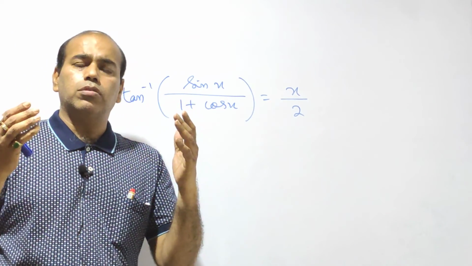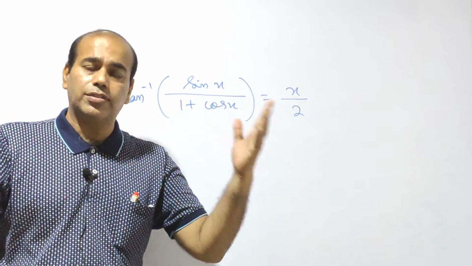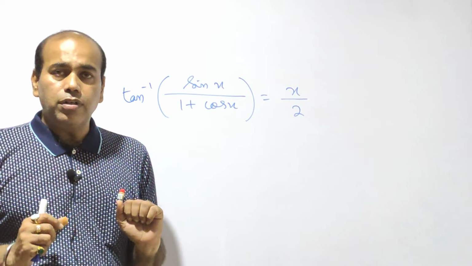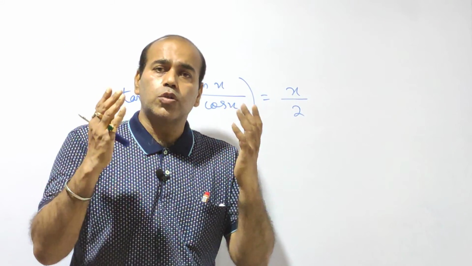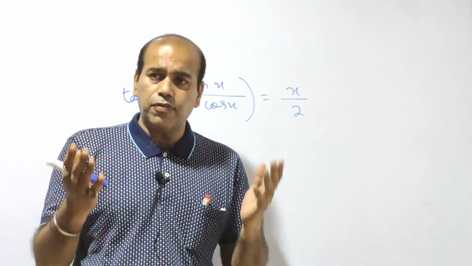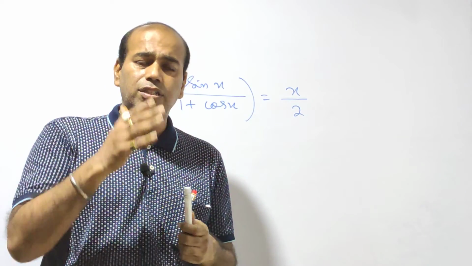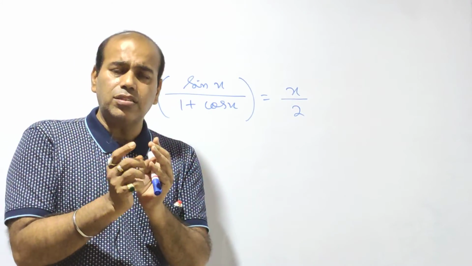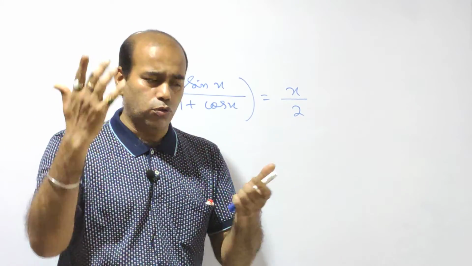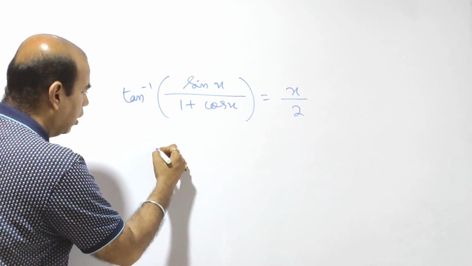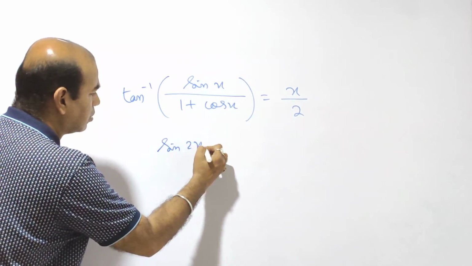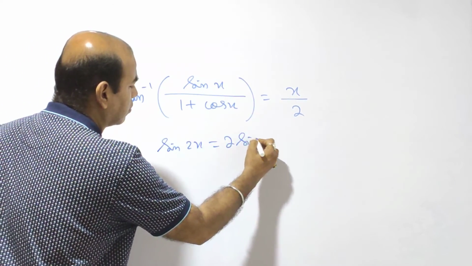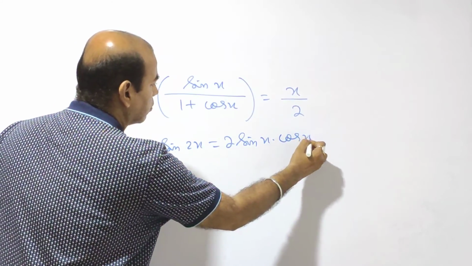I will go to the submultiple angle formulas of class 11. Now class 11, we know sin 2x is 2 sin x cos x. Same way, sin 4x is 2 sin 2x cos 2x, meaning whatever the angle is gets divided by 2. If I have sin 2x, I can write 2 sin x into cos x.